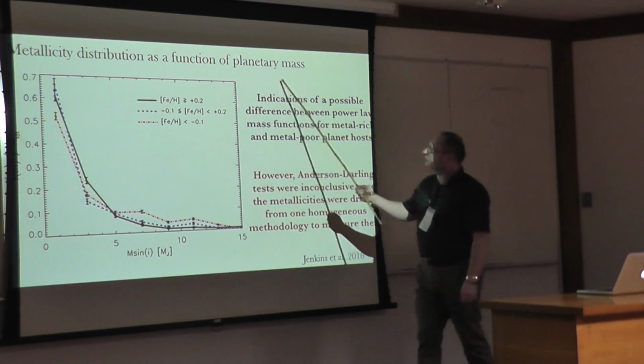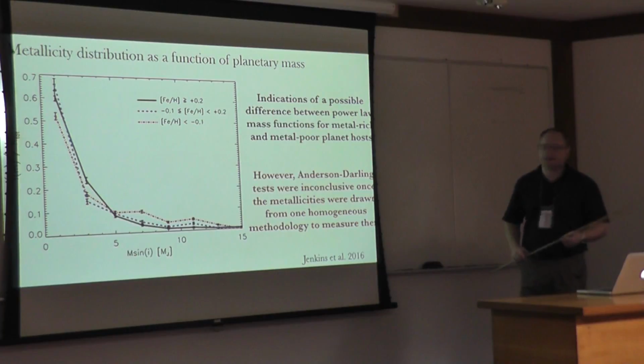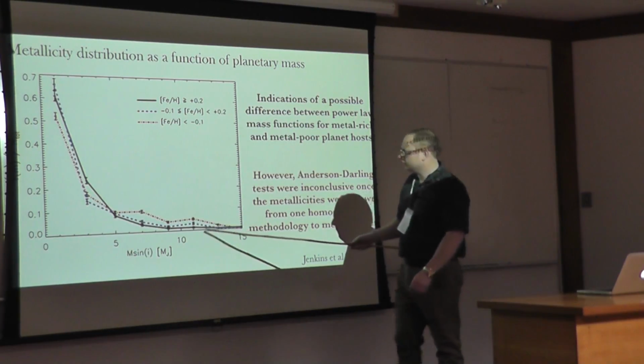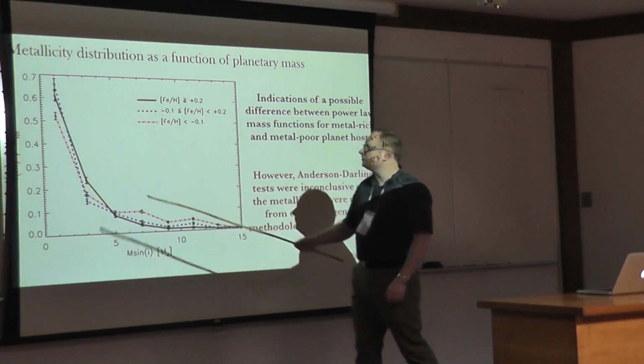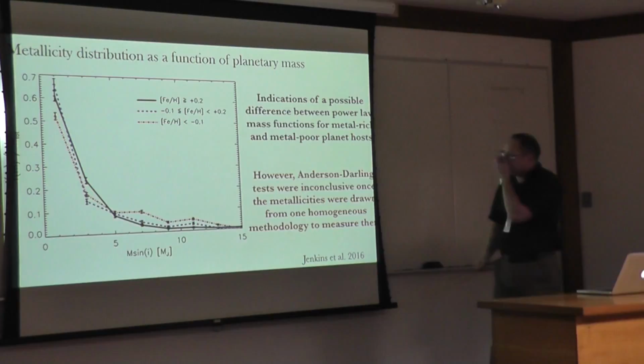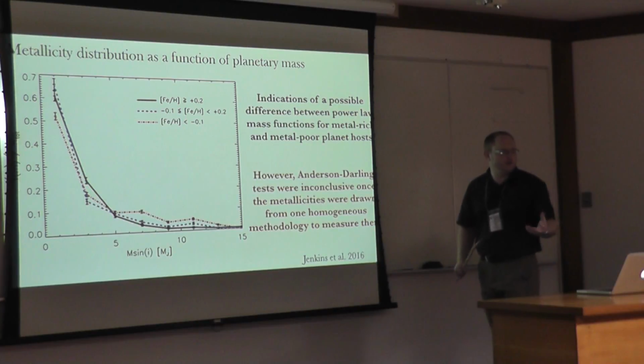And so we can look at the planetary mass function as a function of metallicity in this regime, and try to see: does the minimum mass function change as a function of metallicity? Given that I've just said that it maybe does when you get down to the real low mass planets.